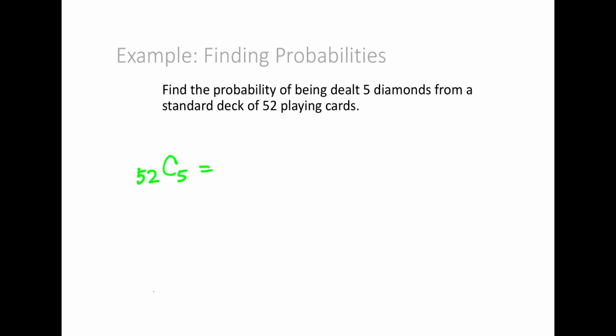How many different combinations of 5 cards could I get? There's no order to these cards, right? If I got the 2 of hearts first and the 5 of hearts next, if I had switched those 2 around, that's the same hand of cards, right? So there's no order to these.